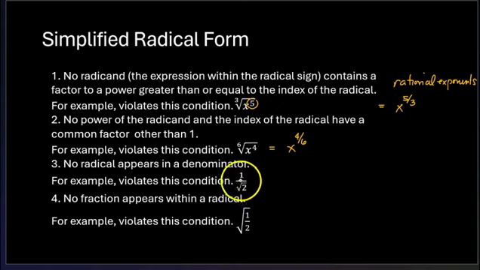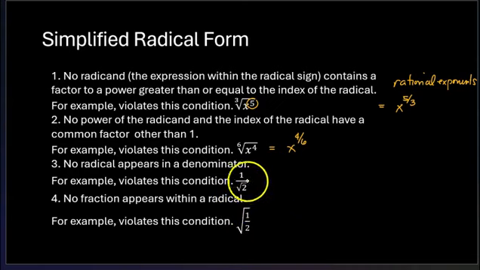Now, you don't want a radical in the denominator. So this is not in the simplest form, because we have a radical in the denominator. No radical must appear there. Or inside the radical, you don't want a fraction. Actually, these two are similar.